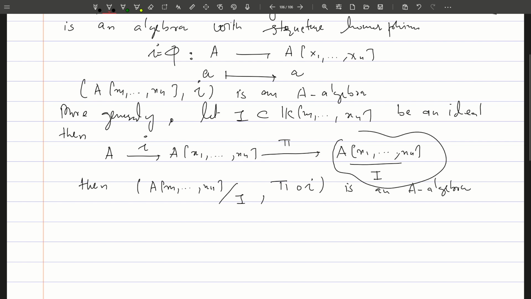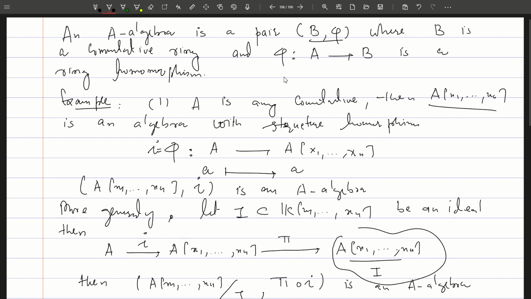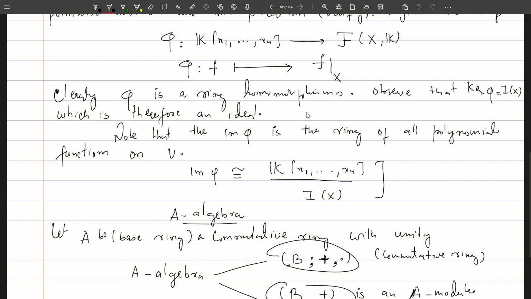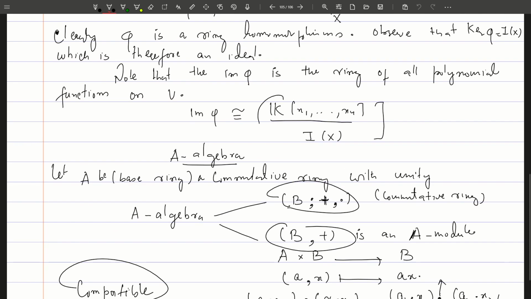So one can note here that this pair over here is a K algebra, because the structure homomorphism here is pi composed with i, where i is the map from K to this polynomial ring, and pi is the natural map from the polynomial ring to the quotient ring.